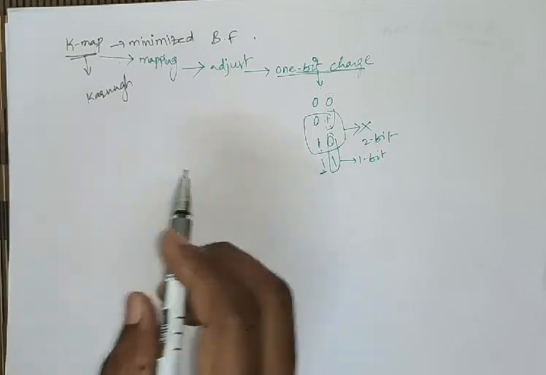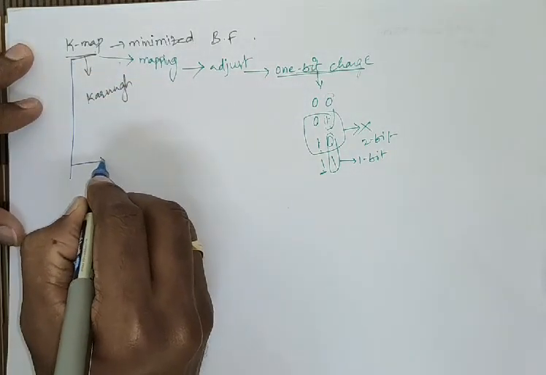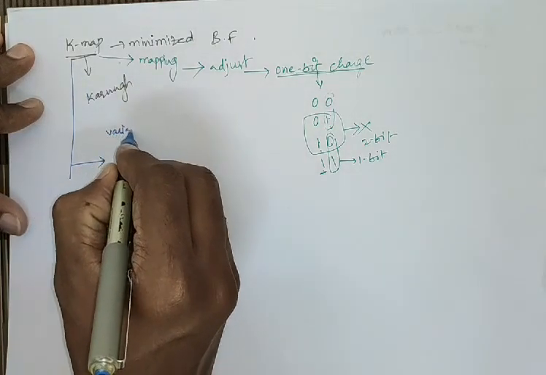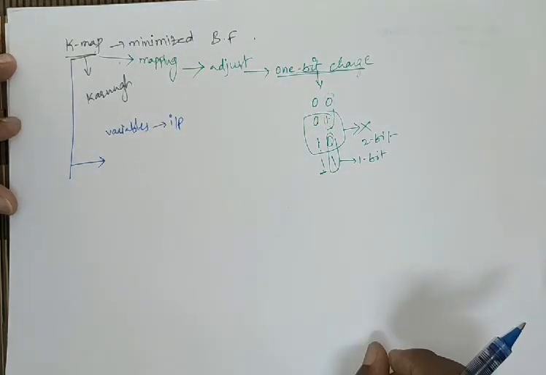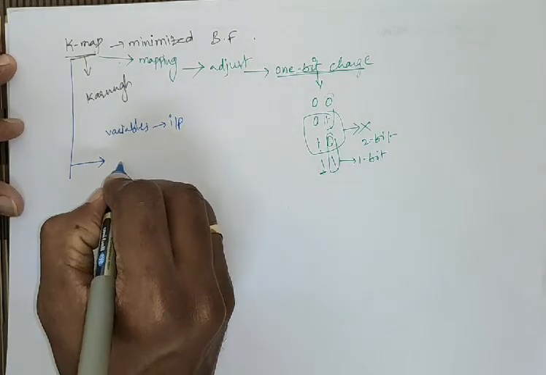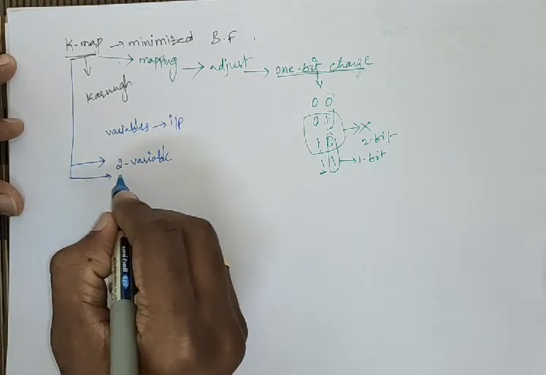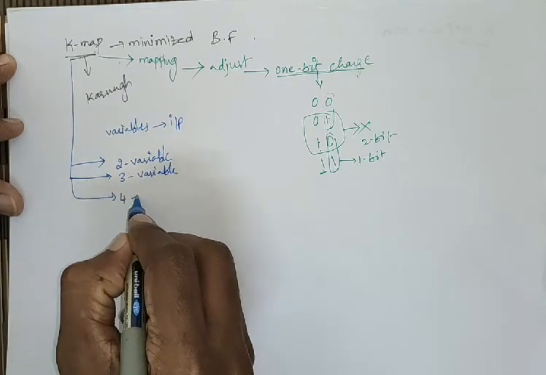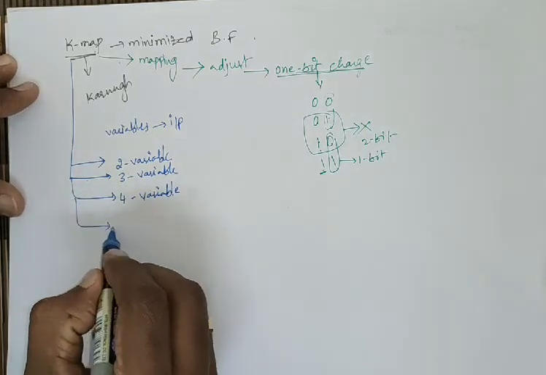In this K-map we have different types of K-maps, depending on the input variables, that is, the number of inputs. Based on the number of inputs, we can define the types of K-maps. We have 2 variable K-map, 3 variable K-map, 4 variable K-map, and 5 variable.